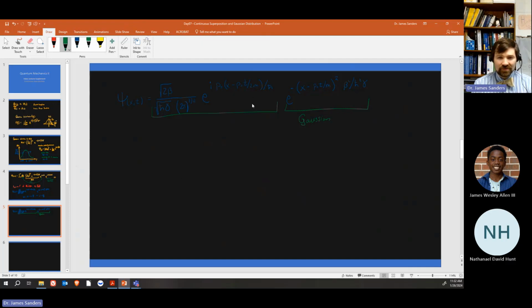Okay, comment number 2. Notice that this right here suggests, once again, v phase is p naught over 2m. And this right here suggests that v group is p naught over m. And if we're really honest about this, we might call it like the average of each of these. But the reason why we don't put an average on it is because, again, this right here implies carrier.